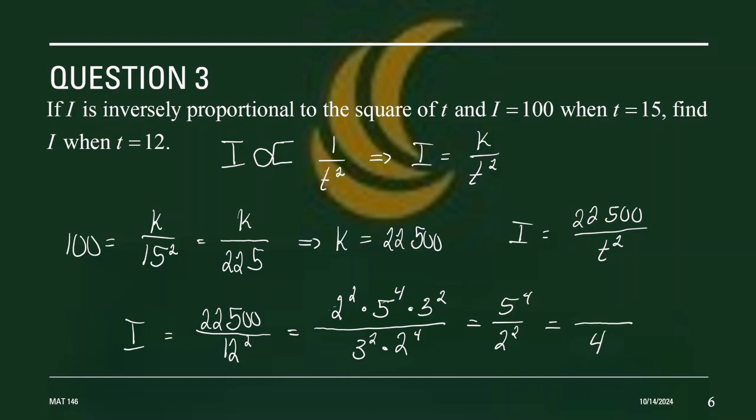What's 5 to the 4th? 625. I is 625 over 4. And we didn't need a calculator.